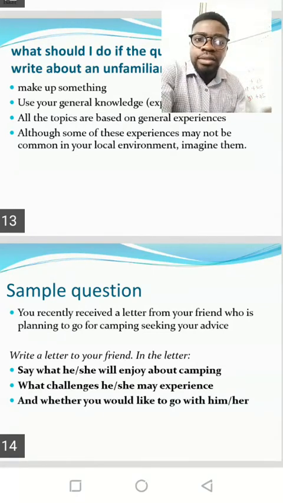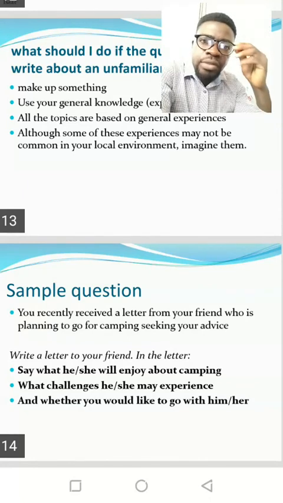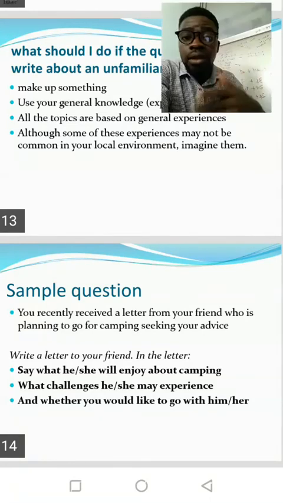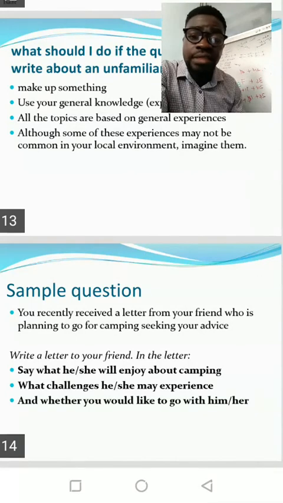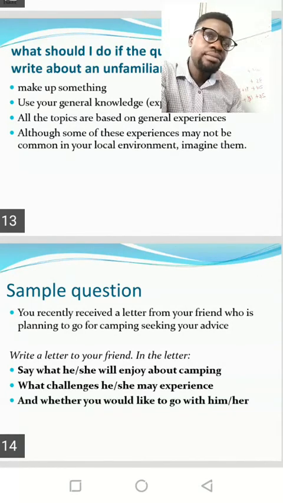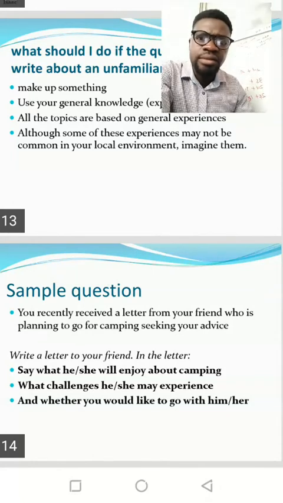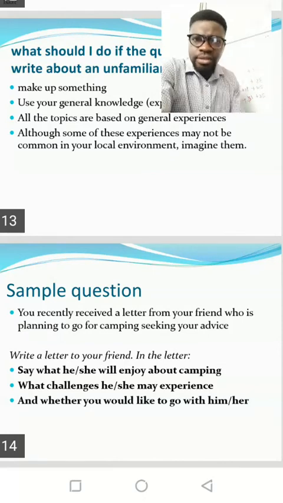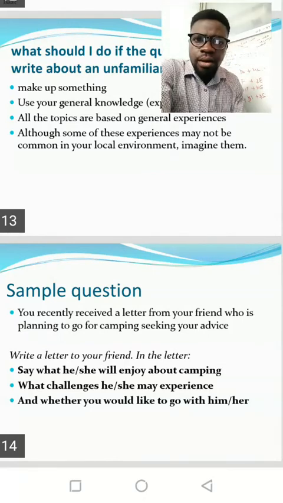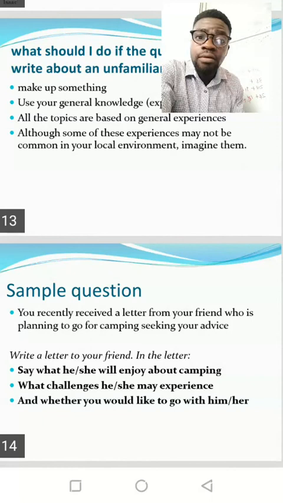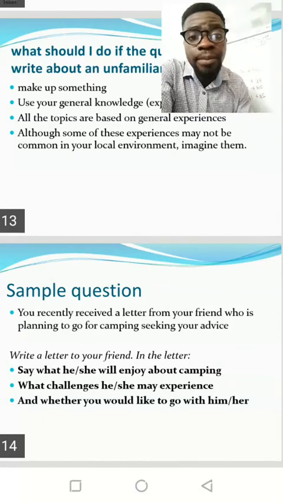You can use your general knowledge about outdoor activities, like picnicking and maybe hiking, and maybe going out to the seaside on vacation and things like that. That general knowledge will be enough for you to write on a topic like this.